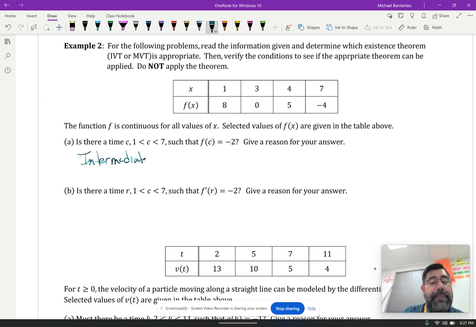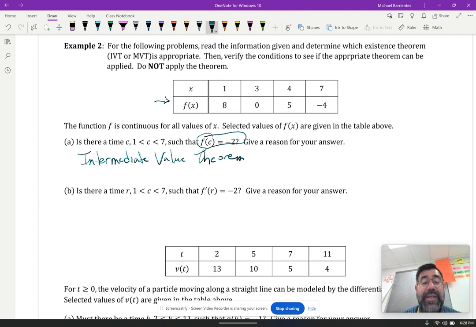Why? Because it's asking about a function value, and the information given to me is about that function.